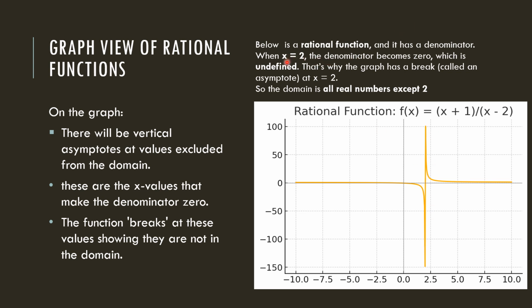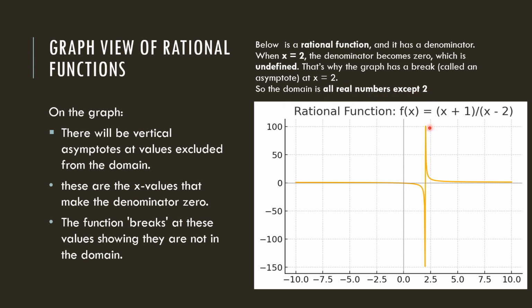When x is equal to 2, the denominator becomes 0, which is undefined. That is why the graph has a break called an asymptote. So the asymptote is at x equal to 2, and the domain is all real numbers with the exception of 2.